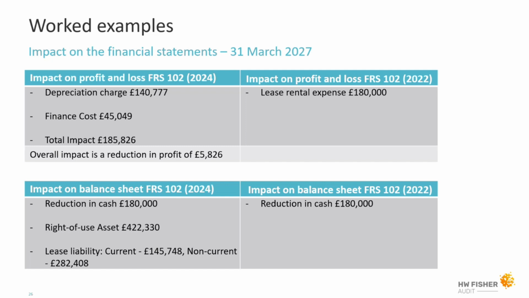So what is this impact? This is the impact on your profit and loss. You now have that depreciation charge. You now have that finance cost. So they're going to be shown separately. They're going to be shown differently. This could have implications depending on loan covenants if you've got external debt already, and interest cover or otherwise. It could have impact on certain KPIs or other pieces.